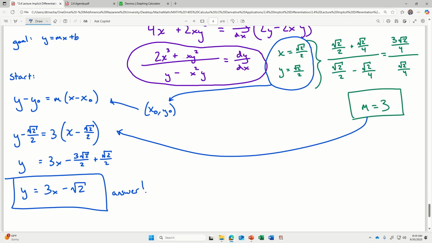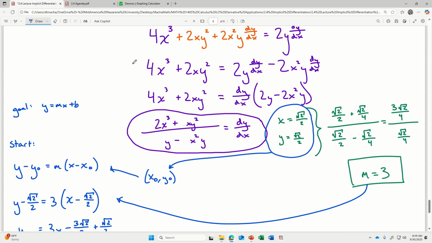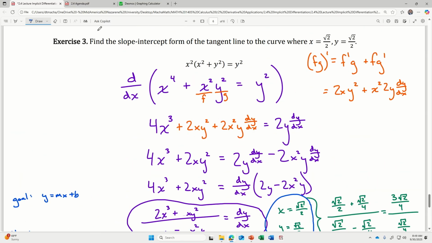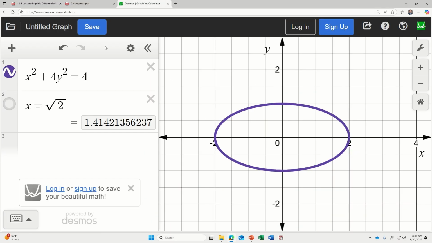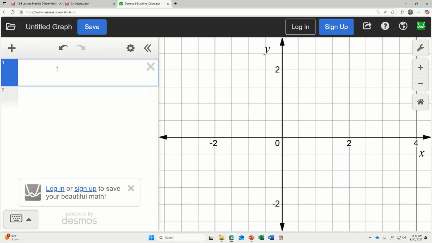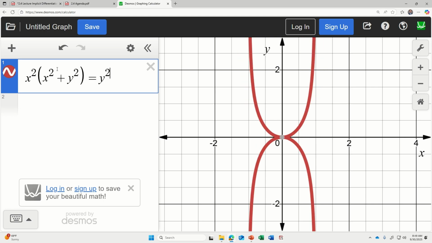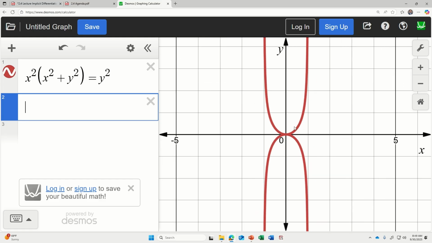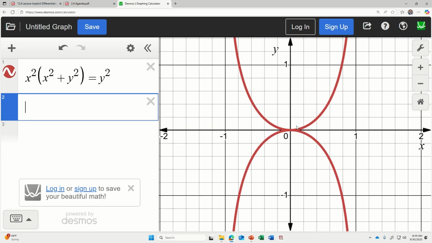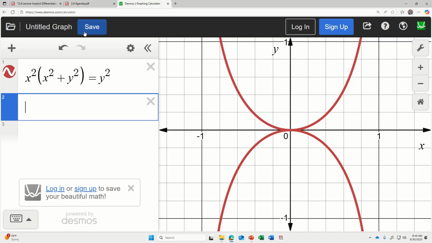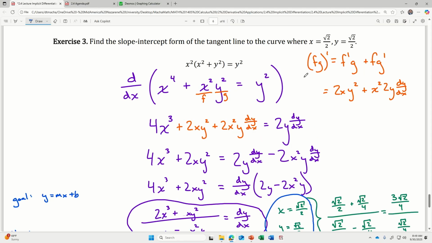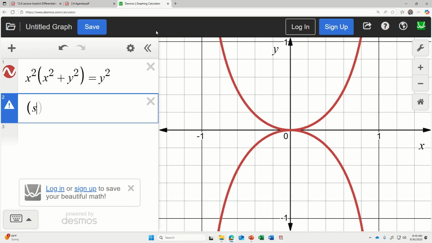Okay, it's time for some Desmos. We're going to plug in the original equation, x squared times x squared plus y squared equals y squared, and see what we get. That's my original curve, defined implicitly. And we are concerned about the point where x and y are the square root 2 over 2.